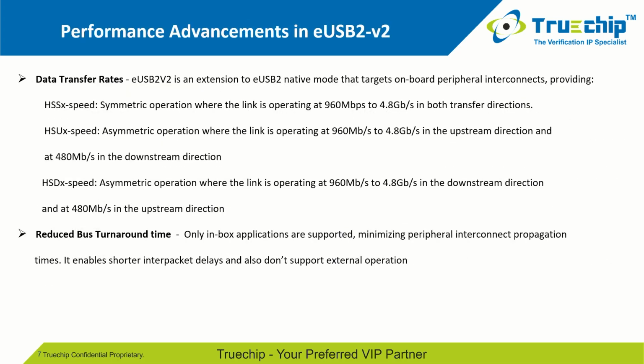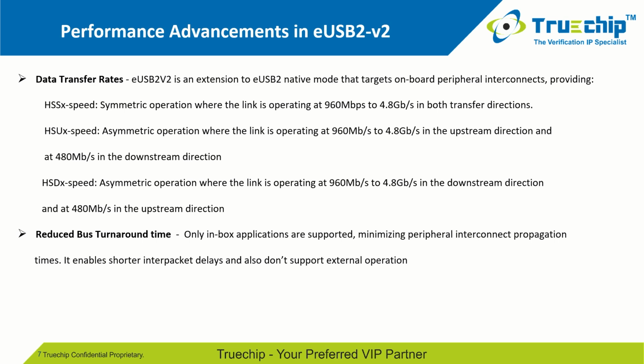Now we will see the performance advancements in eUSB2 V2. First one is data transfer rates. eUSB2 V2 is an extension to eUSB2 native mode that targets onboard peripheral interconnects, providing HSSX speed, which is symmetric operation where the link is operating at 960 Mbps to 4.8 Gbps in both transfer directions.